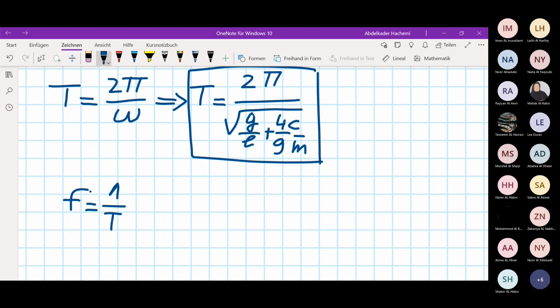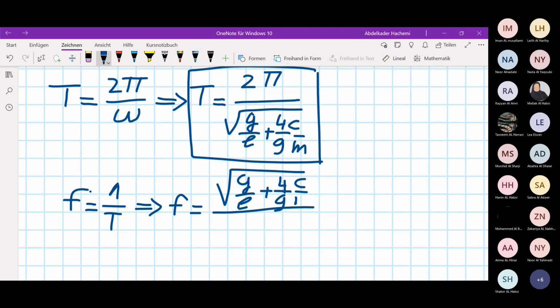Then in this case, this gives the frequency f, the square root of g over L plus 4 divided by 9 C divided by M, divided by 2 pi.